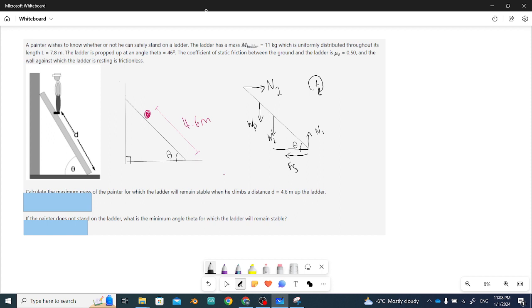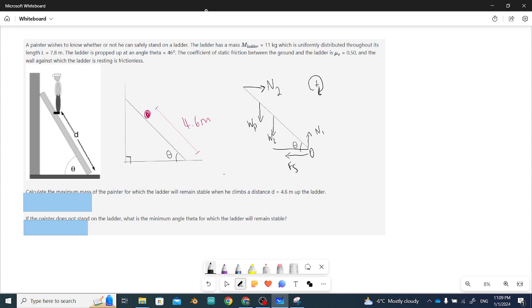You can choose one of the extremities, but the better way would be to choose the point which has the most forces, to eliminate them from the torque. Since if there's a force on the origin itself, then the torque is zero. So I will place it here, since we cancel out N1 and Fs. The torque of these forces would both be zero, which makes our lives easier.